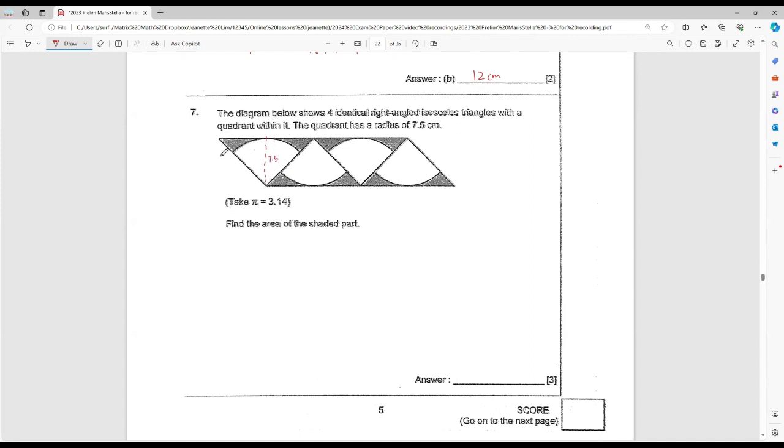Now, over here, this is half a quadrant, right? And then if I were to extend the quadrant and extend the triangle to make it like a square, then I give it another half of a quadrant. It's actually the same. This side is the same as this side, okay, which is this side. So this is actually 7.5.